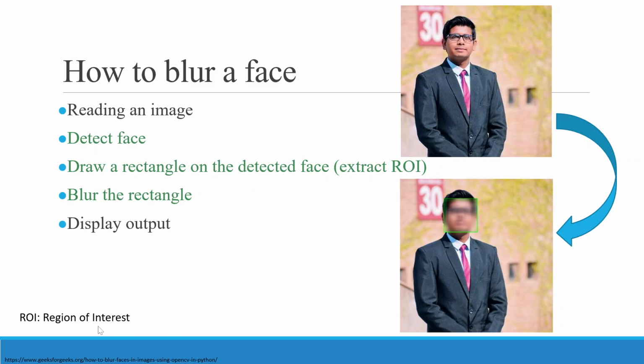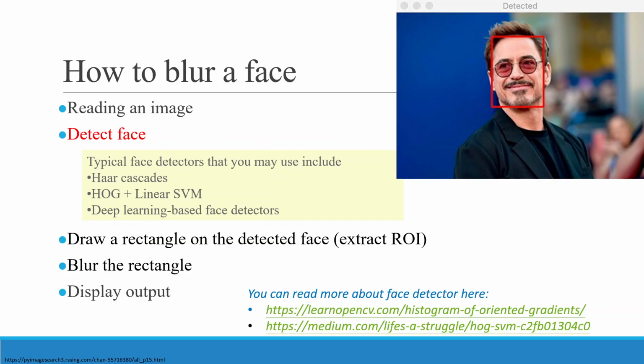It means the region of interest. And then we blur the rectangle like this. And finally, we display the output image. So this is the workflow of how to blur a face. And then we will introduce each step one by one.